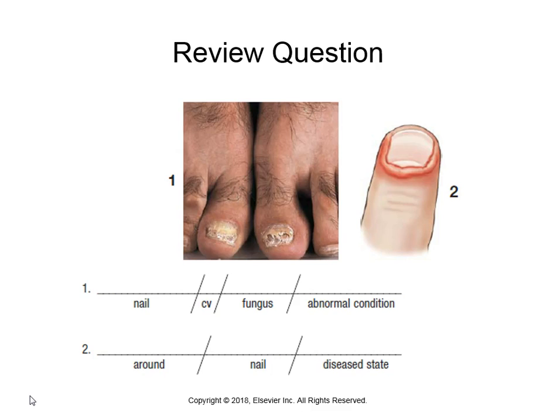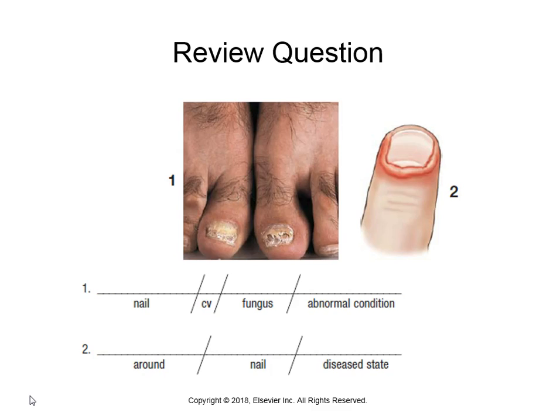To review before moving forward, the left picture, gross I know, but fairly common, a fungal infection of the nail. Thinking back to what those mean, abnormal condition, we always start defining at the end, would be osis. Nail, there are multiple words for nail, but we're pretty much going to use onycho.